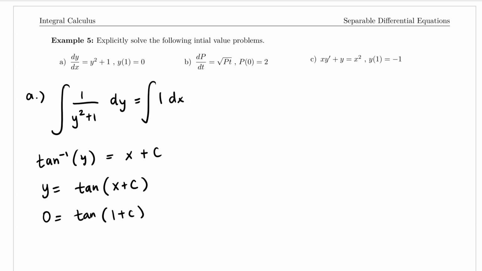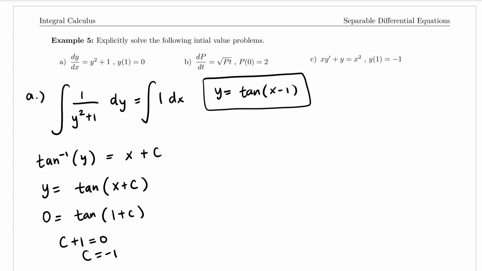So that would mean that c plus 1 is equal to 0 and c equals negative 1. And so we get y equals tangent of x minus 1. But again, there's actually infinitely many values for c. I'm just going to stick with this.